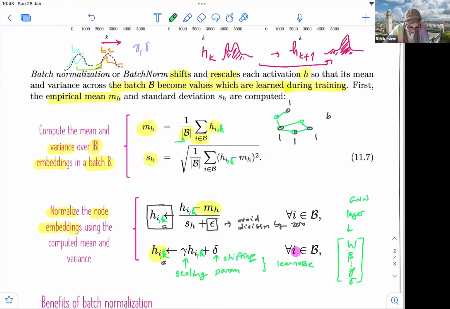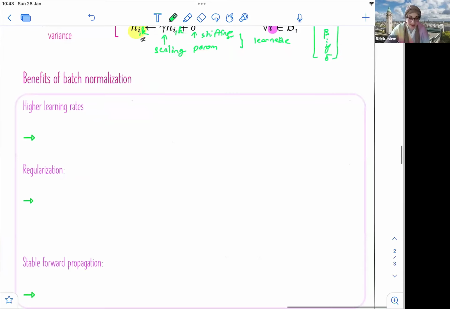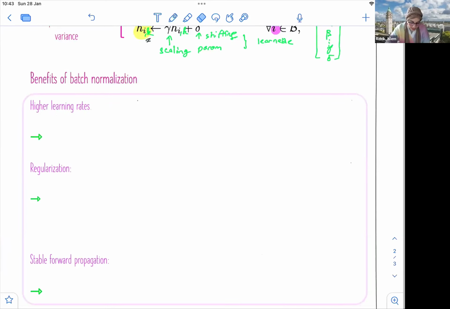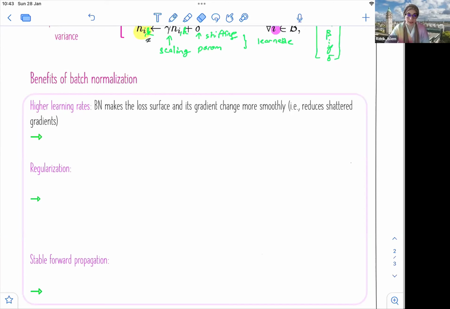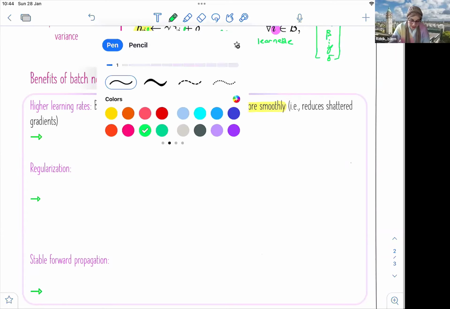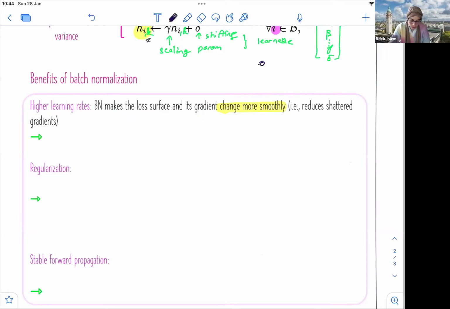Now, batch normalization has a lot of benefits. The first one is a higher learning rate, because batch normalization smoothes the surface of the loss, so the gradient changes in a more flowy way. This reduces the problem of zigzagging. Remember, when you train with stochastic gradient descent for each point individually, you get different shattered gradients, and that makes the zigzagging to the optimum.